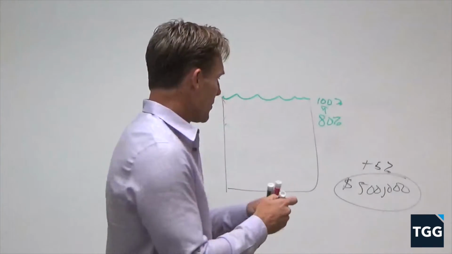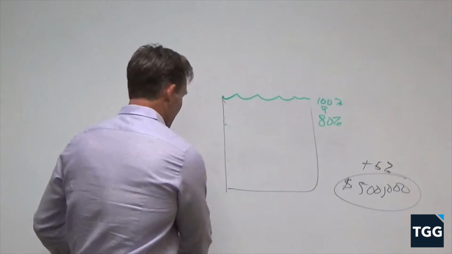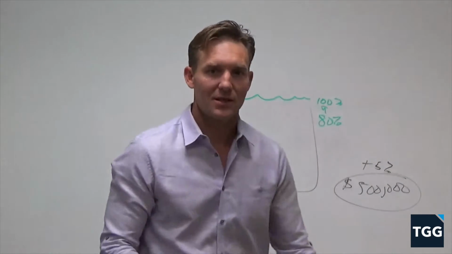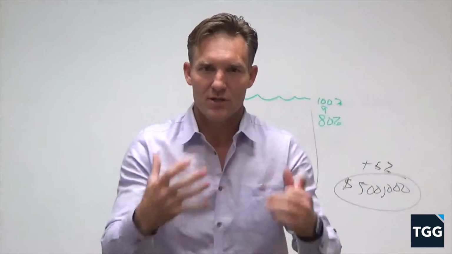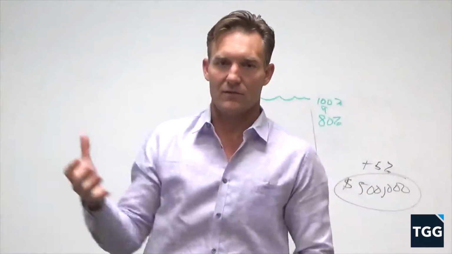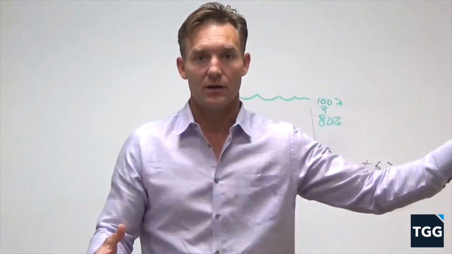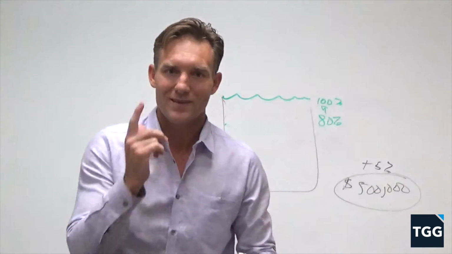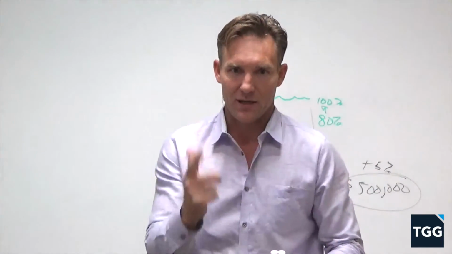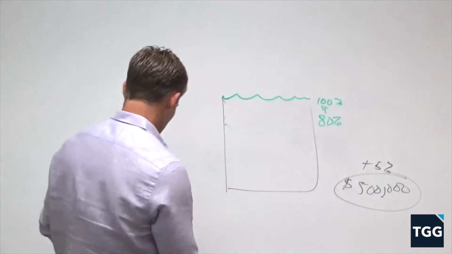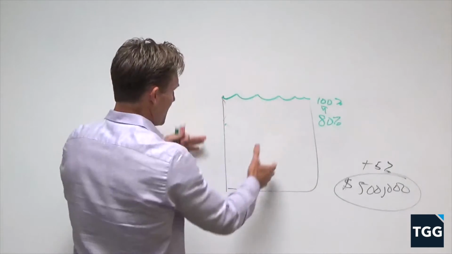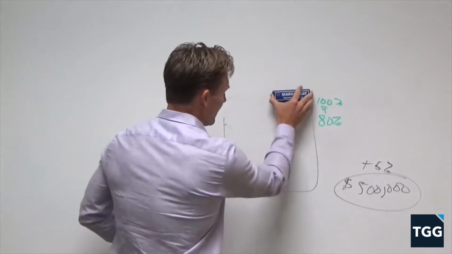Pretty cool. Why else do we want to make sure that we are at 100% utilization? Because we also want to talk about inventory turns. How fast are you bringing the inventory in and selling it out the door? If you're turning your inventory once a month, that's once every 30 days. Remember, we were at 80% because we had this big glass, but what if we didn't need that big of a glass?